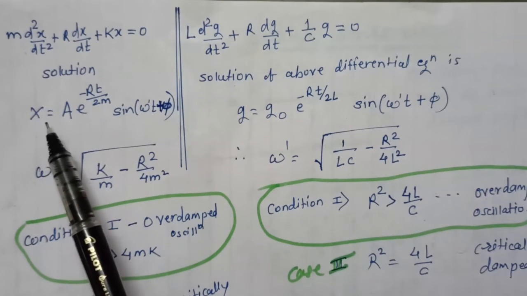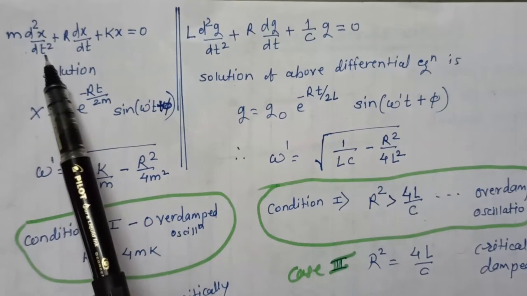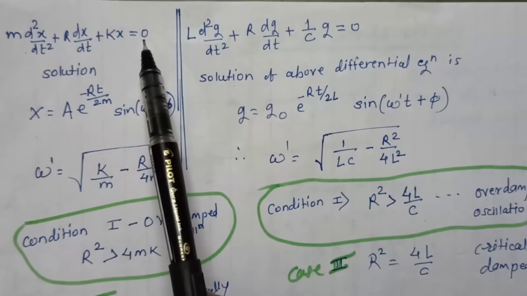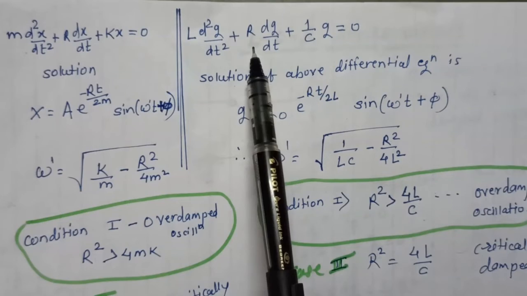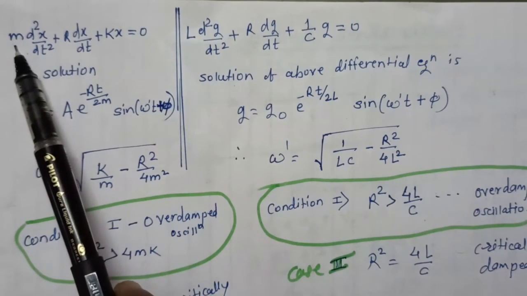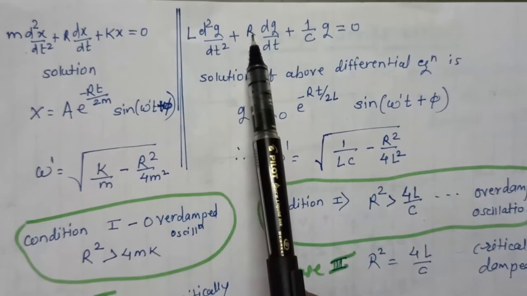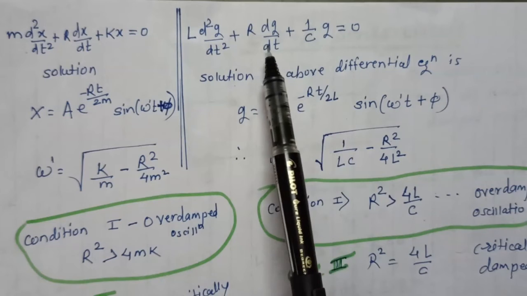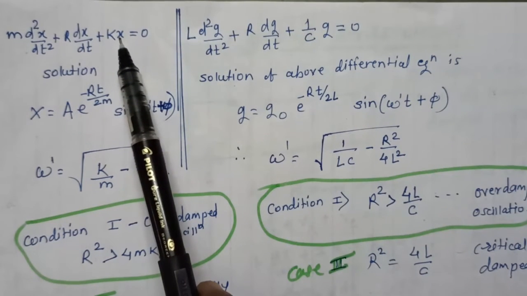In damped oscillator, the differential equation is m d2x by dt square plus r dx by dt plus kx is equal to 0. This equation is similar to this differential equation. In place of m, we take here L. In place of r, there is R. In place of k, there is 1 upon C. This is the differential equation in Q. This is the differential equation in x.